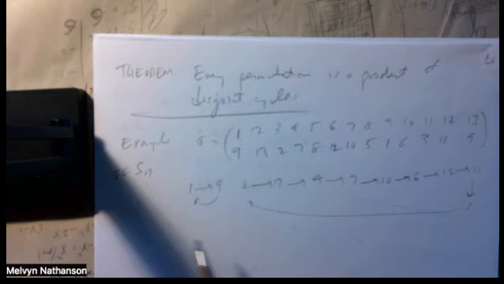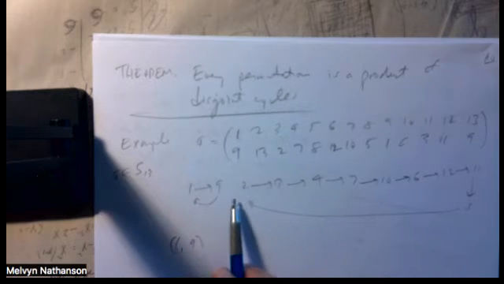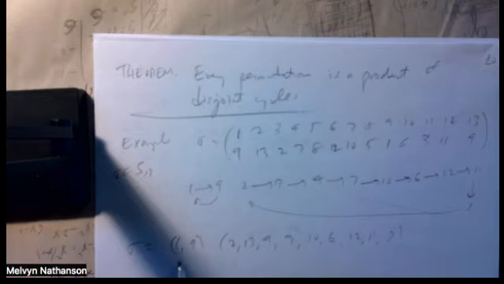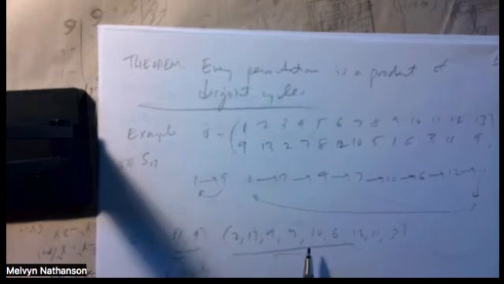So I have the 2-cycle (1 9). And I have this 11-cycle (2 13 4 7 10 6 12 11 3). And sigma is the product of this 2-cycle and this 11-cycle.